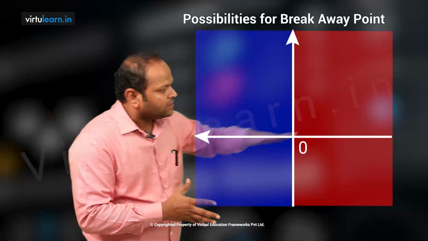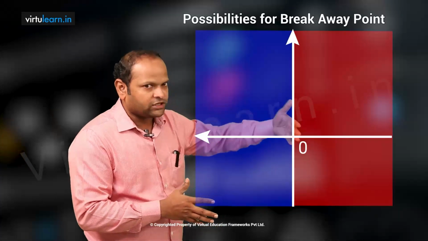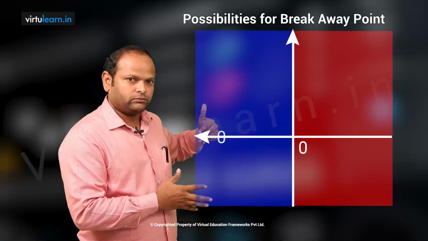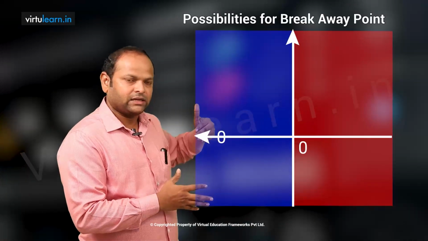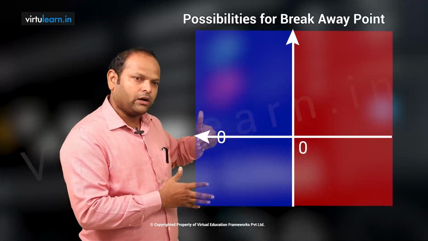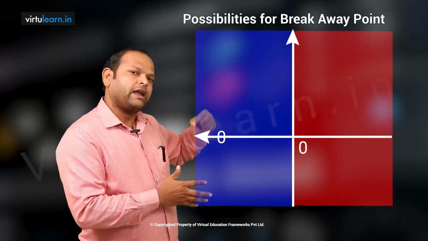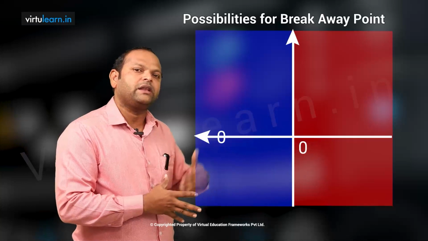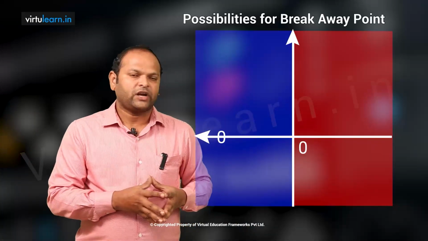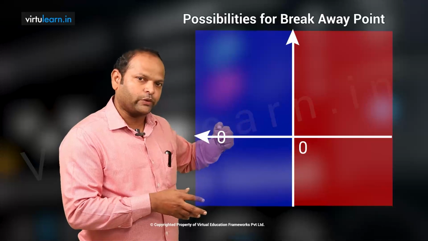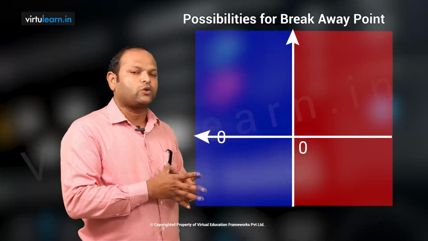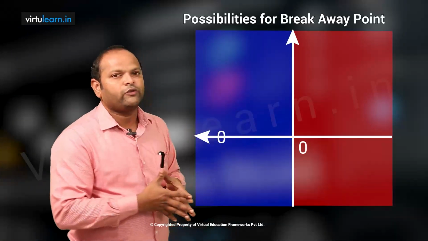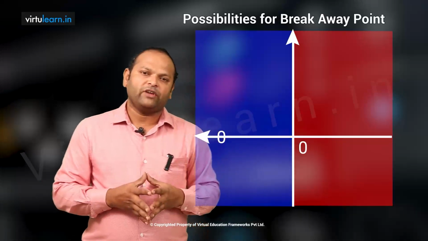Also, if you look at all poles and zeros on the s-plane, and there is a zero at 0 with root locus area on the negative real axis towards minus infinity, then there is a possibility of a break-in point. So these are the situations where we can get break-in and breakaway points.